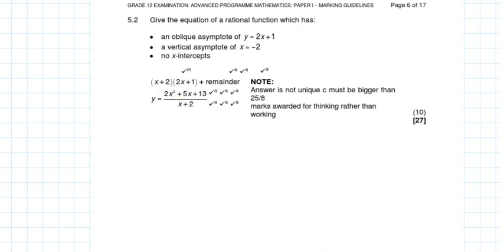However, to find the numerator, how do we get the oblique asymptote? It is when we divide, so that must be x squared, because that's linear, that must be something square. So that's when we write the expression like this: y is equal to 2x plus 1 plus the remainder over x plus 2.